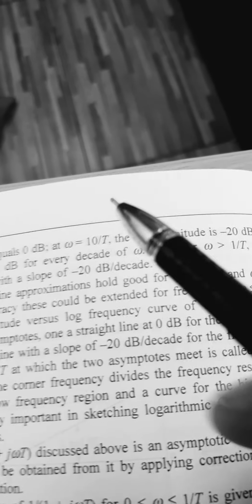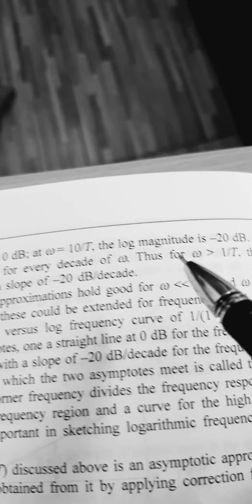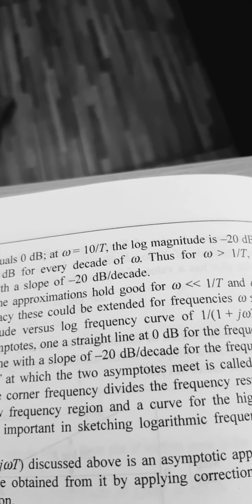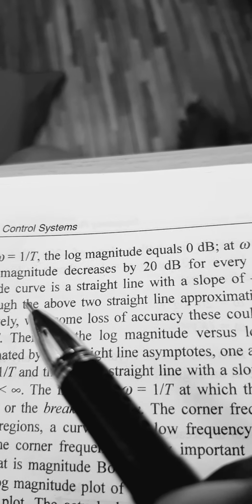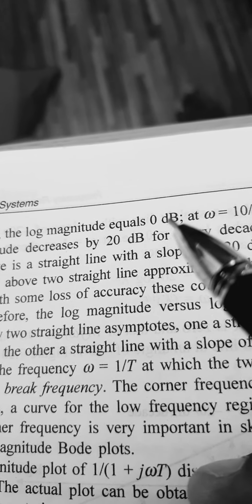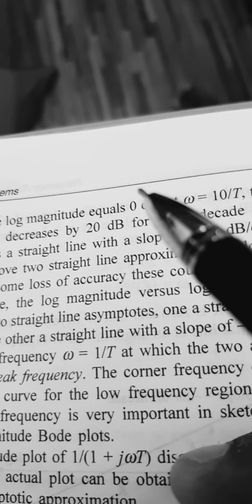At omega is equal to 10 by T, the log magnitude is minus 20 dB. At omega is equal to 1 by T, the log magnitude equals 0 dB.